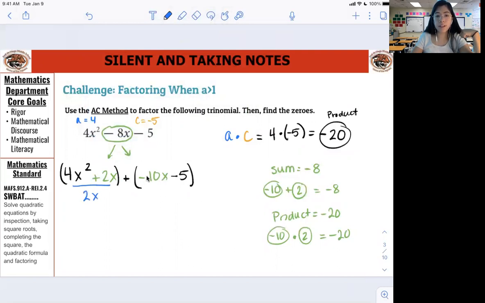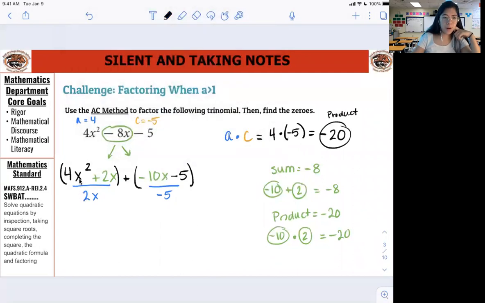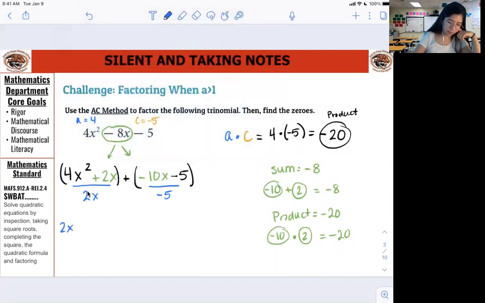And specifically, not just +5, but -5. Okay, so let's do the first one. 4x squared divided by 2x, what do I end up with? 2x. So first let me put this 2x in the front.